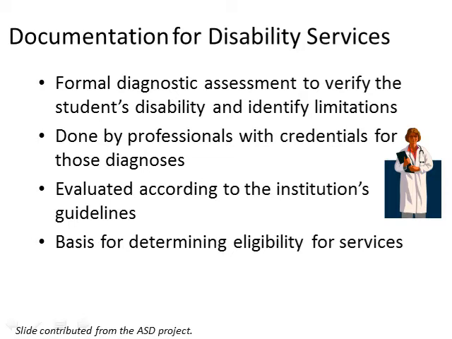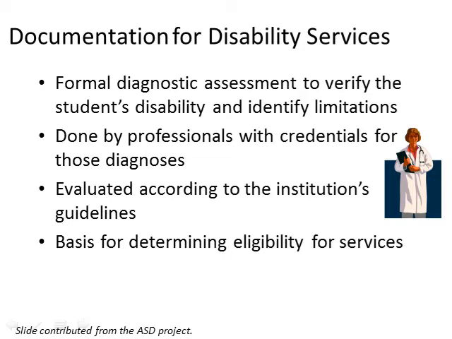And what that means is that if you have a psychiatric disability, then a chiropractor probably isn't going to be the qualified professional that you receive a letter from, so that there should be a good match between who is giving you that documentation and what your disability is.